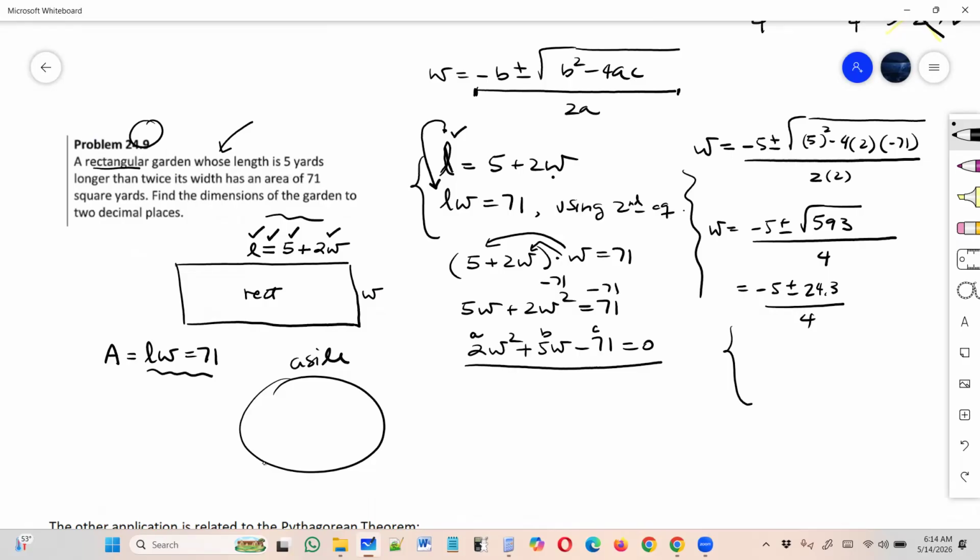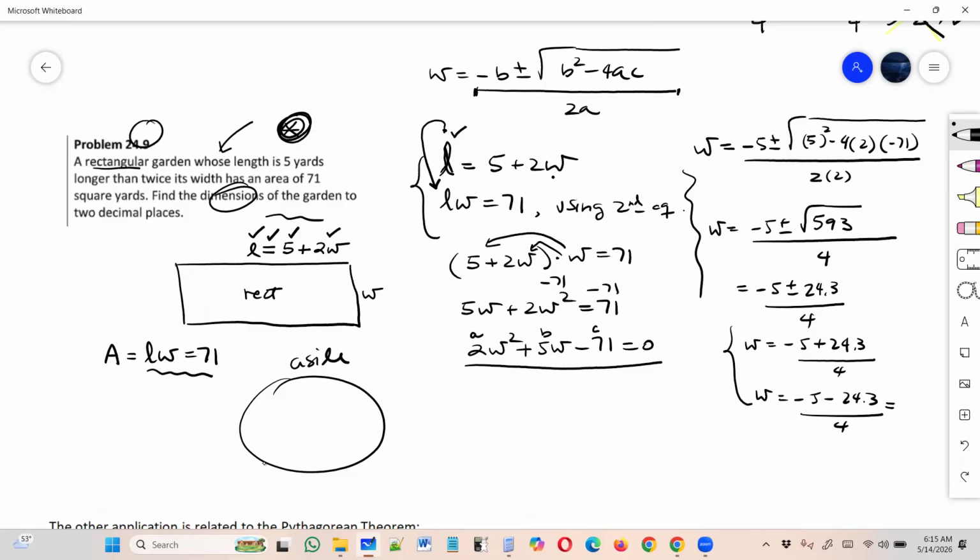Now, there's something important that happens here. When you have a geometric problem, you have to pay attention to the following. So first solution, negative 5 plus 24.3 over 4. Second solution, negative 5 minus 24.3 over 4. Okay. Remember, you're looking for the dimensions of the garden.